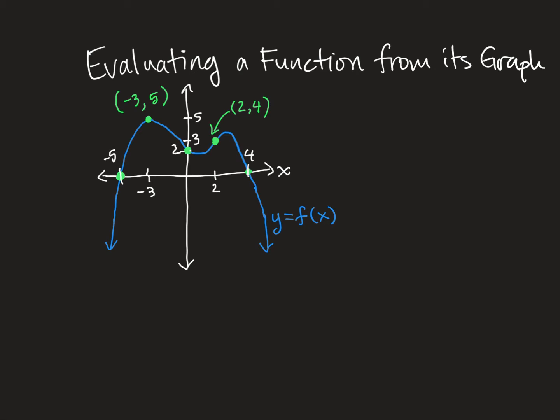All right? So if I were to ask you, let's pick red. I don't like red very often, so I may change my mind. But if I were to ask you, what is f of 2? Recall that this 2 is the x value.